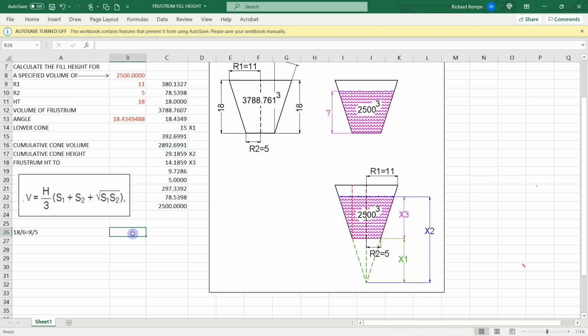So it would be 1 divided by 3 times pi times h, which is the total, x2, 29.19, equals, that's the volume, 2982.